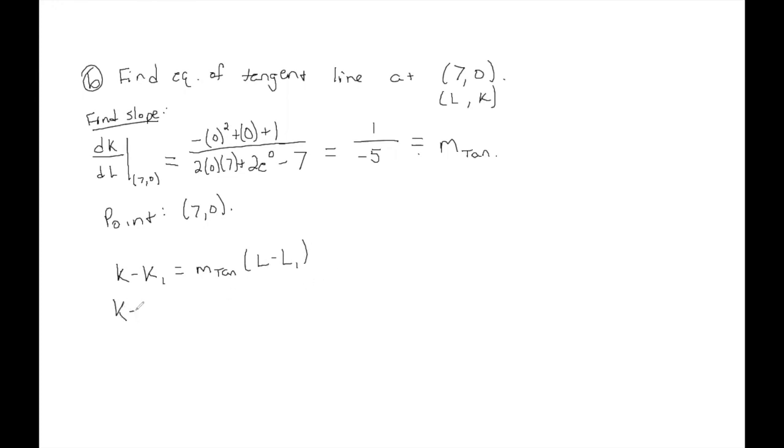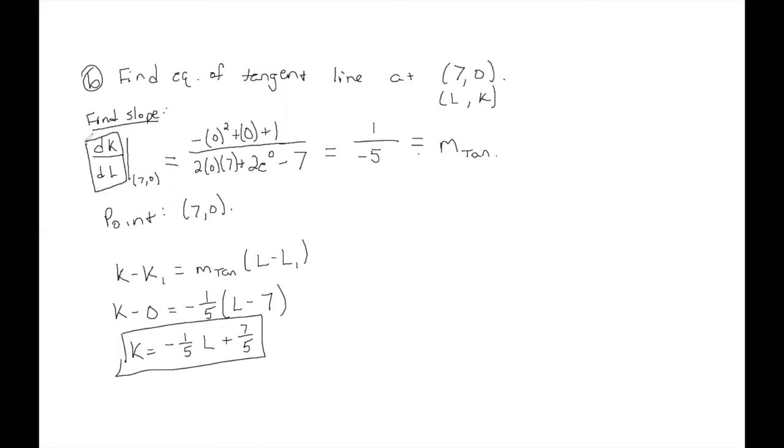Okay, so just plugging in the appropriate things, K minus K1 is 0 in this case. M tan is negative 1/5. L minus 7. So just simplifying, I get this. And that's what we're after. Nothing different here, just different variables floating around. Really, all the heavy lifting took place in finding out what this thing was.